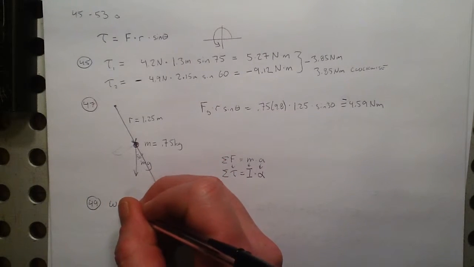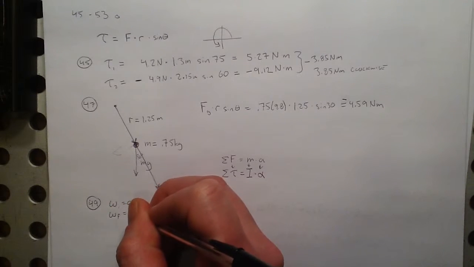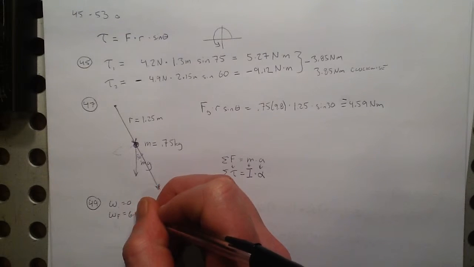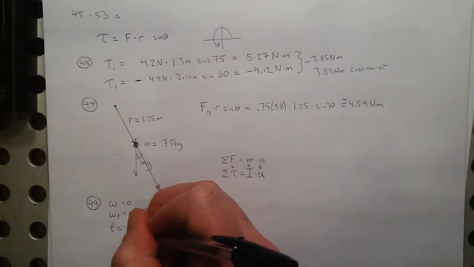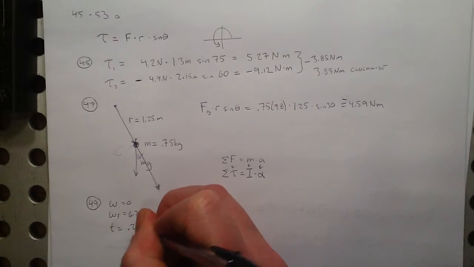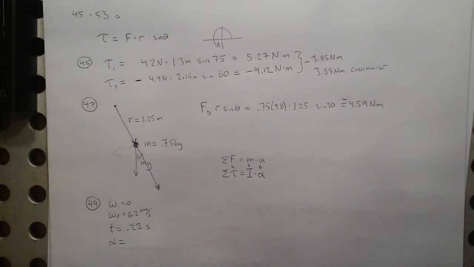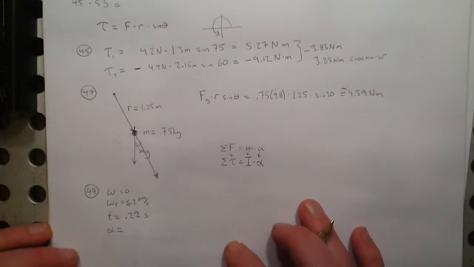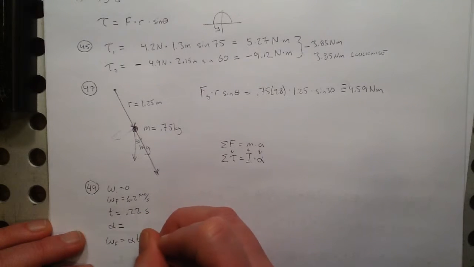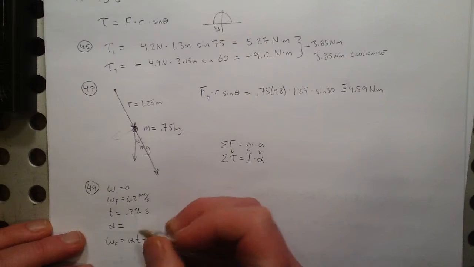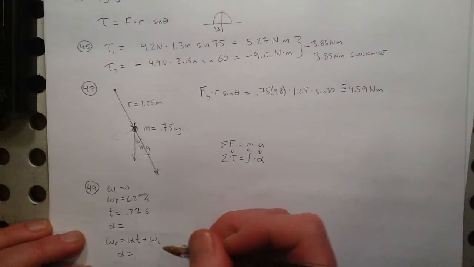So she goes from 0 to 6.2 radians per second in a time of 0.22 seconds, which means her angular acceleration, if I use the equation, and her initial angular speed is 0, right?